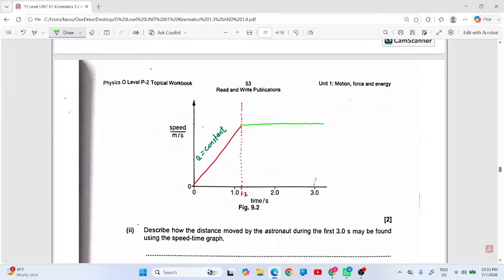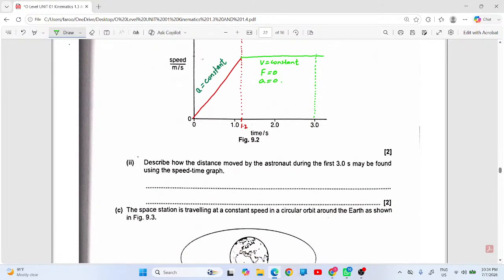Up to 3 सेकेंड तक आपने ड्रॉ करना है. यहाँ पे हम कहेंगे here the speed is constant, so net force is zero and acceleration is also zero.